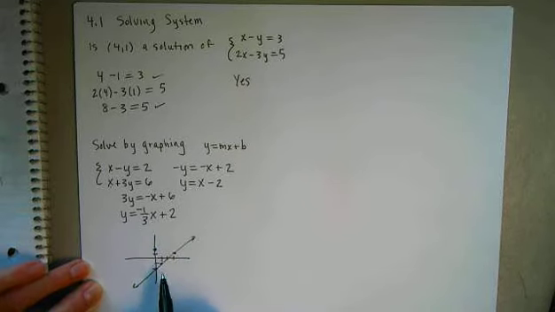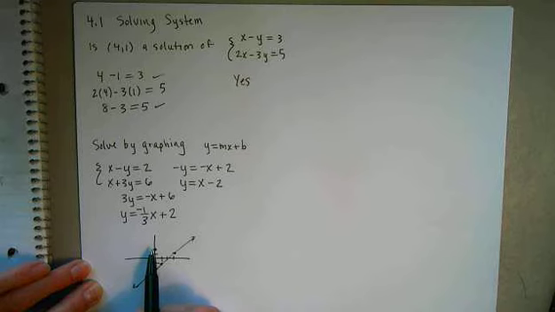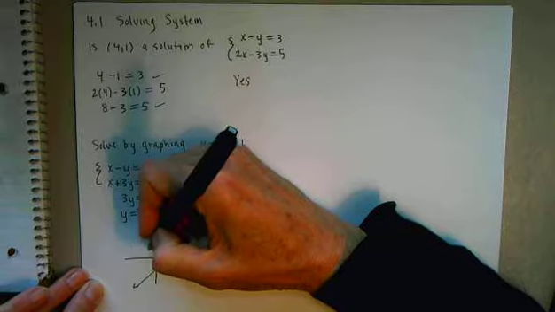Alright, now notice I could have gone up 1 and left 3, and that would intersect at some point as well. But this is clearly our better option in this scenario, since our line is down here. So, drawing my line now.